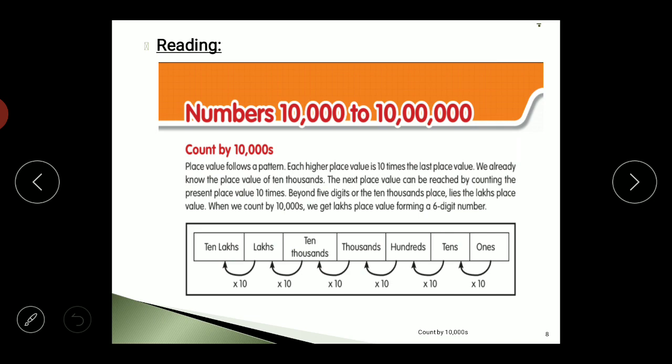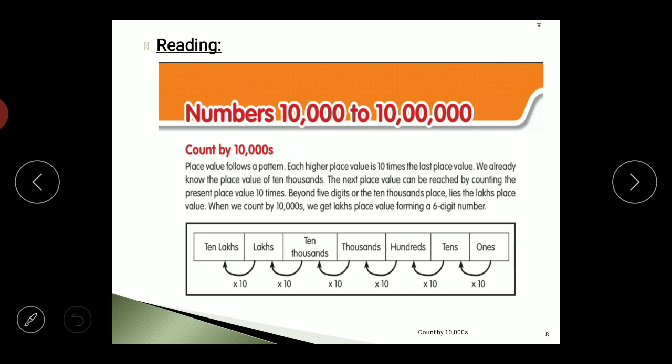We already know the place value of 10,000. The next place value can be reached by counting the present place value 10 times. Beyond 5 digits, or the 10,000 place, lies the lakh place value. When we count by 10,000, we get the lakh place value, forming a 6-digit number.